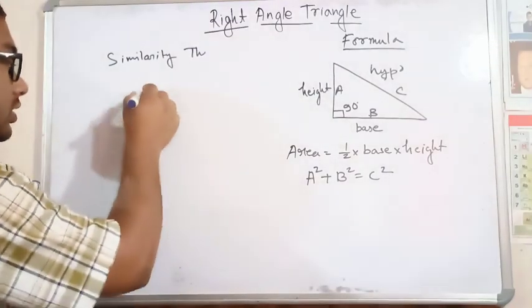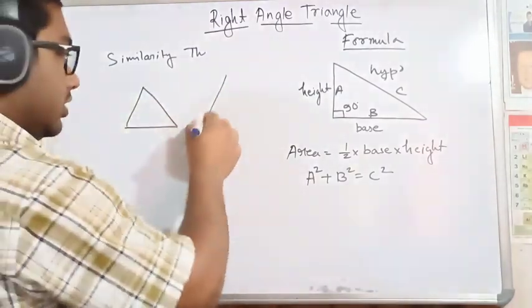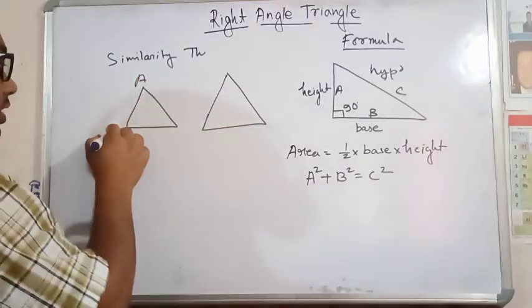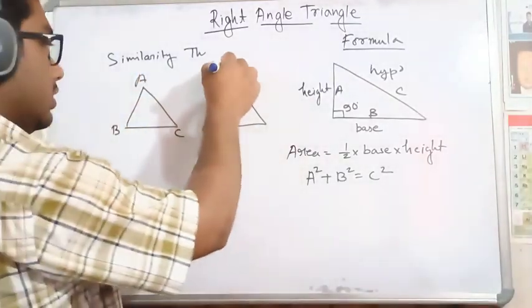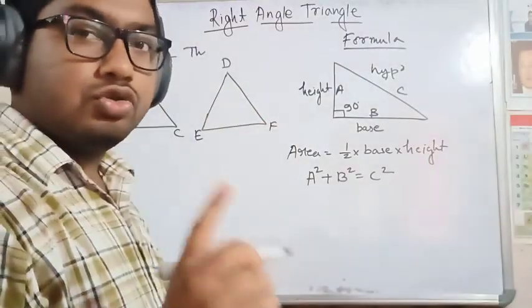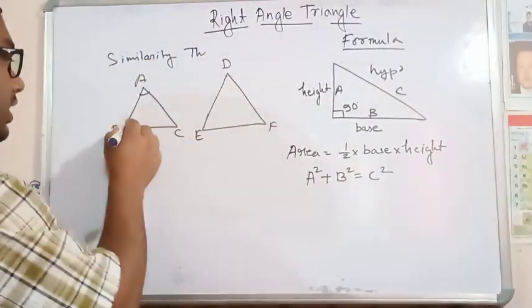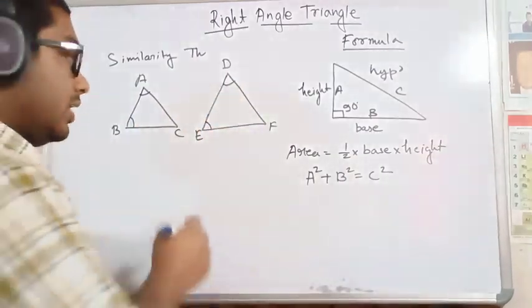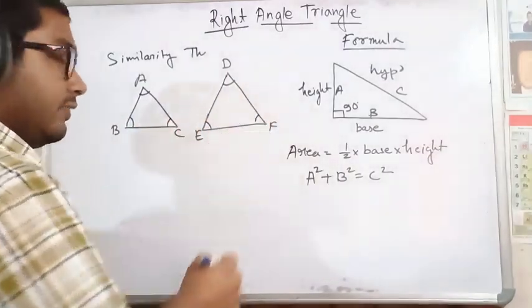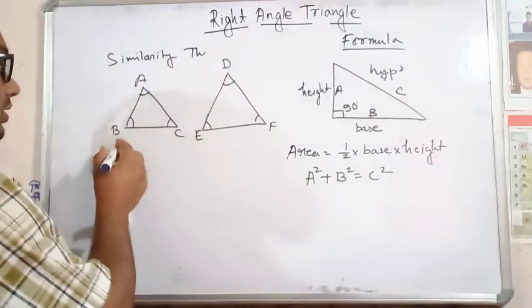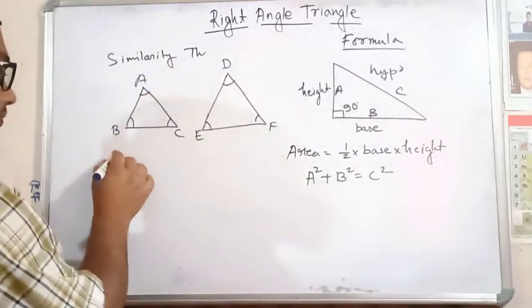When we say two triangles are similar, suppose A, B, C, D, E, F. Suppose two angles, angle A and angle B, equal angle D and angle E, then angle C and angle F must be equal as well.